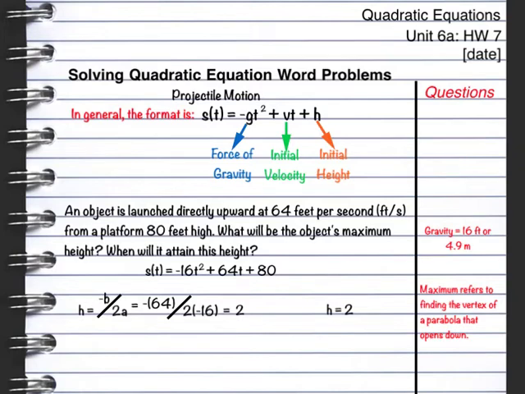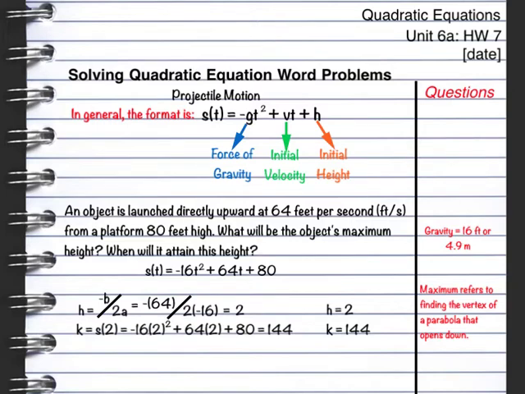So next, I want to go ahead and plug my 2 back into the equation to get my height. Once again, using parentheses when I plug it in, simplify, and I get 144. So my k value, or my y value, is 144.